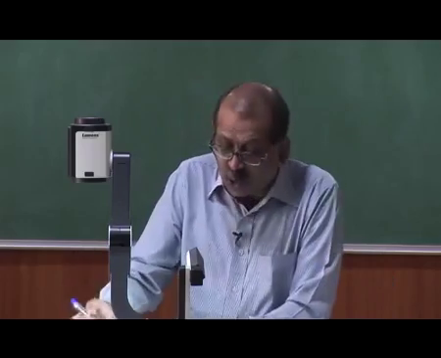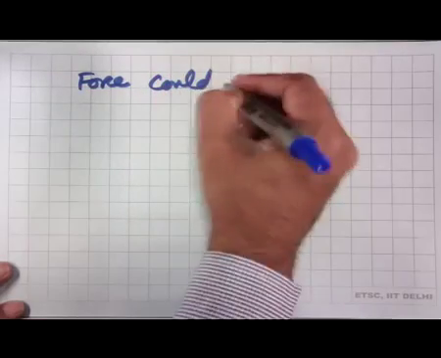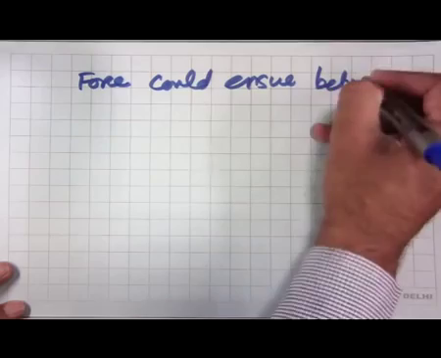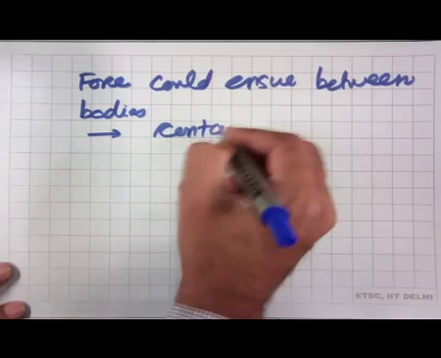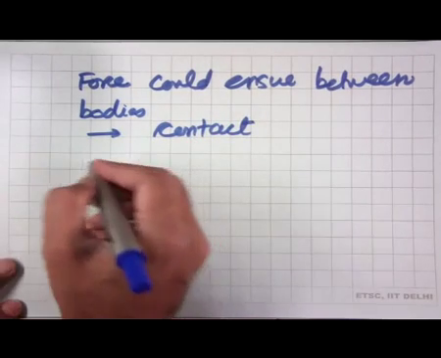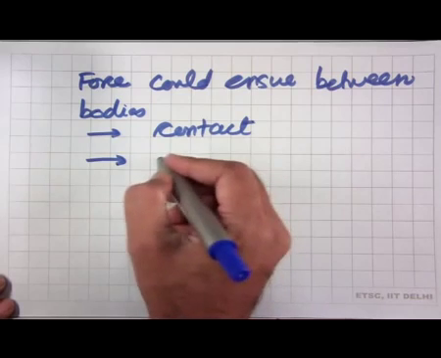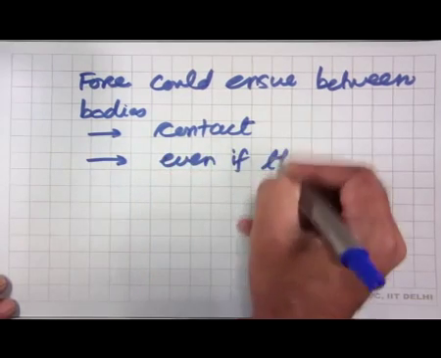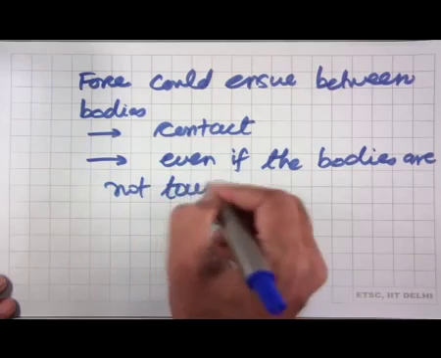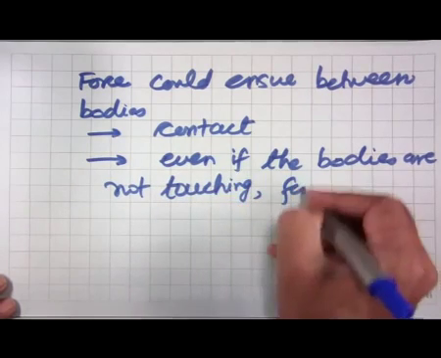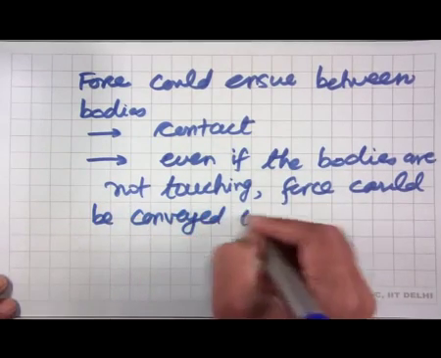One thing we observe in nature is that force could ensue between bodies either when the bodies are in contact, or even if the bodies are not touching, in which case force could be conveyed through a distance.